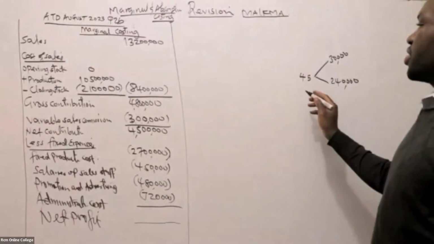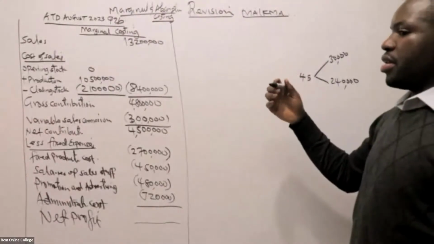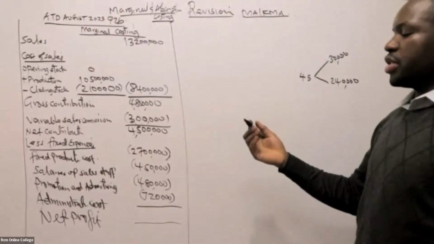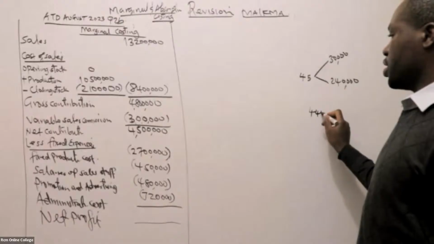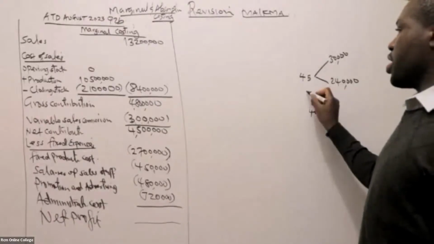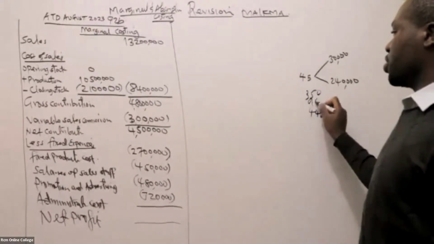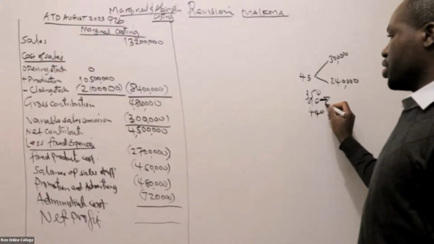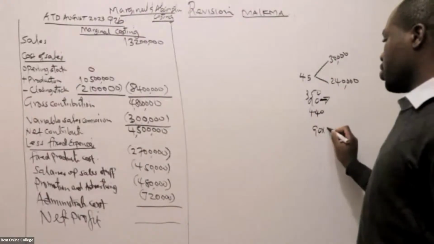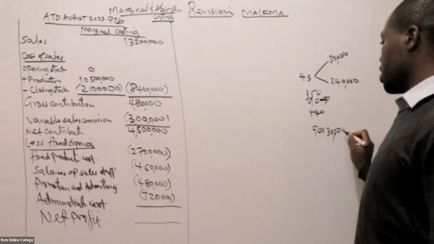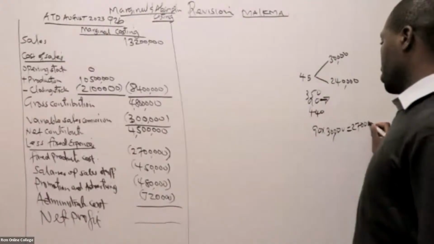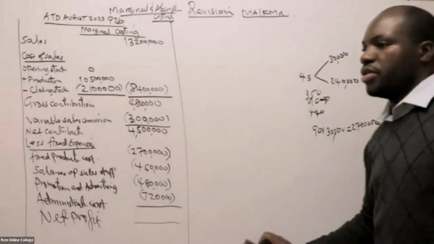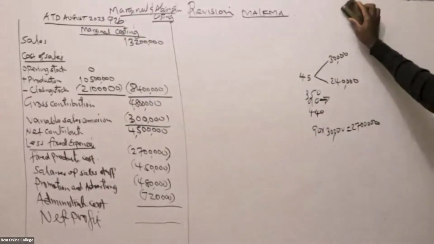Alternatively, look at the absorption cost per unit, which is 440. How did you get the 440? It was the marginal cost plus fixed production overhead per unit. So 90 times the units that were produced takes me back to 2,700,000. So I hope I've answered your question.